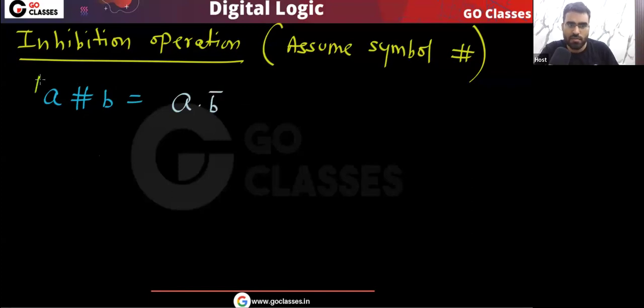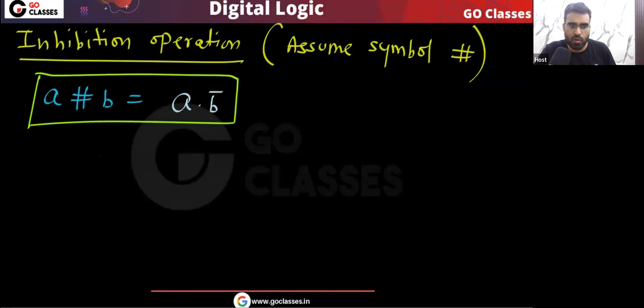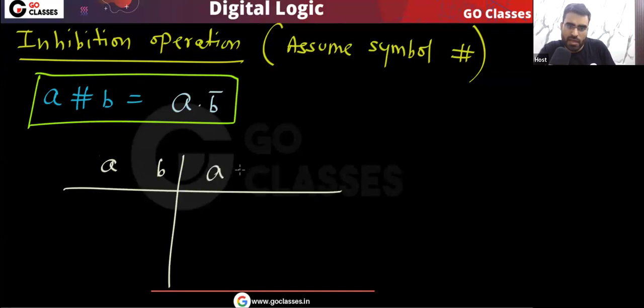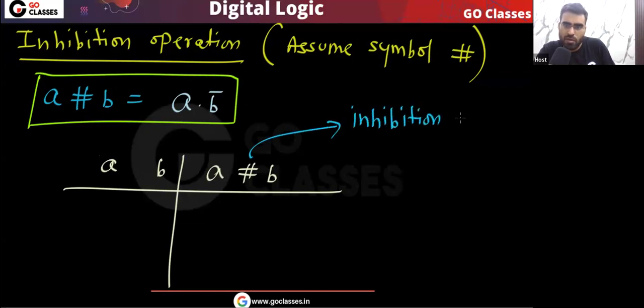Is this clear? Please let me know. Very simple point. The question has given you the inhibition operation, A hash B. What is this hash? This is the inhibition operation symbol, which I am assuming.